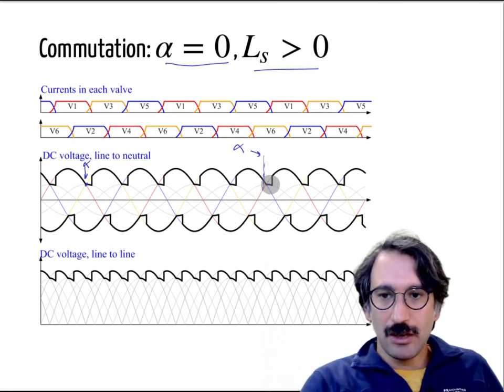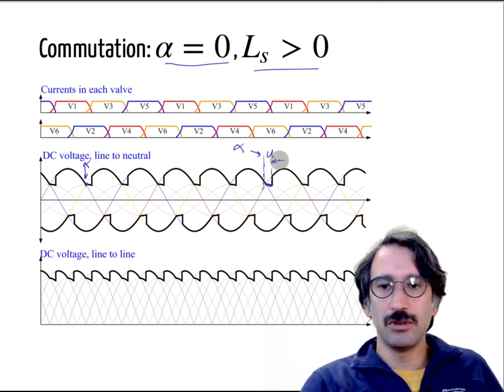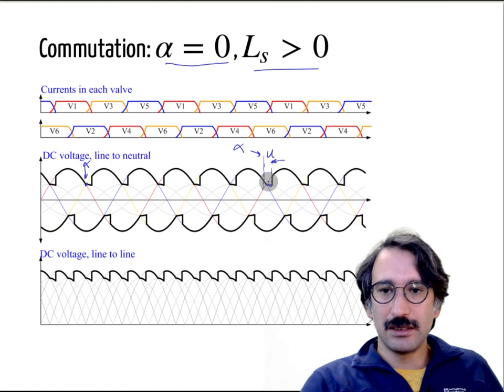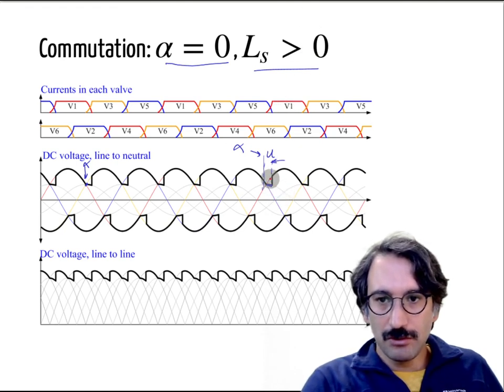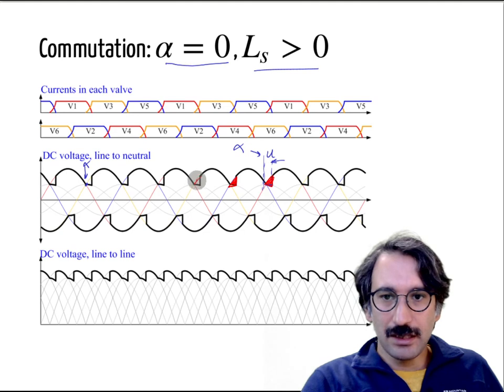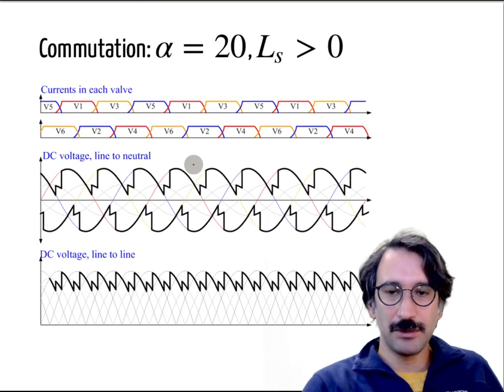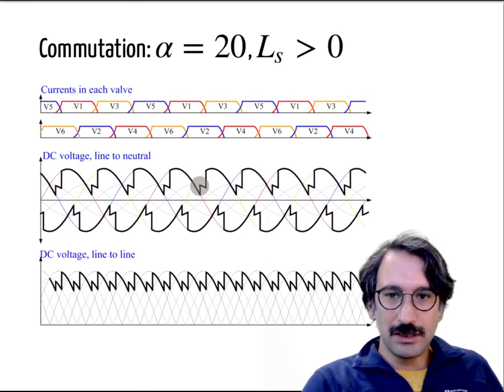But now instead of just jumping from one to the other, it takes some commutation time, which we call u, and we calculated that area. So we have those red areas lost due to commutation, right? This is, let's say, for 20 degrees.